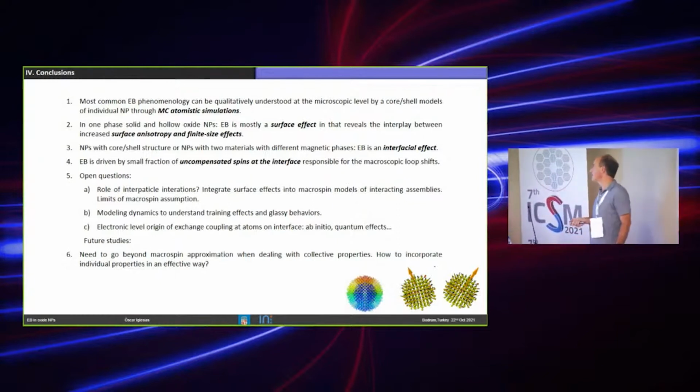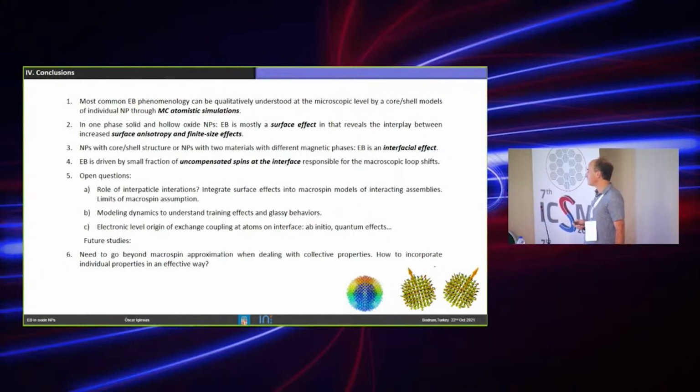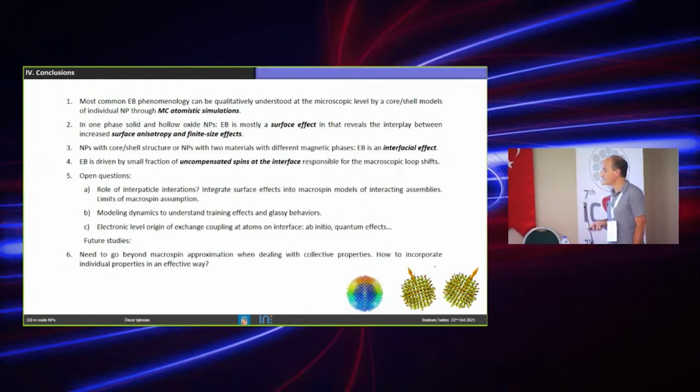Of course, you have a bunch of nanoparticles mixed together, and we should be able to understand what happens to the collective dynamics of a whole bunch of particles, taking into account the surface effects, right? Dipole interactions between the giant spins, let's say, but also finite size and surface effects. And this is very demanding computationally, but it is on the way.